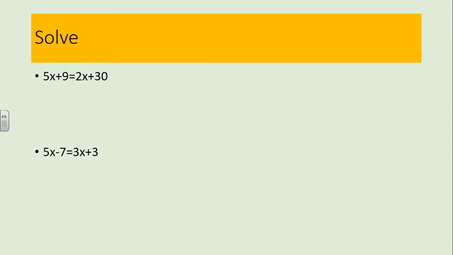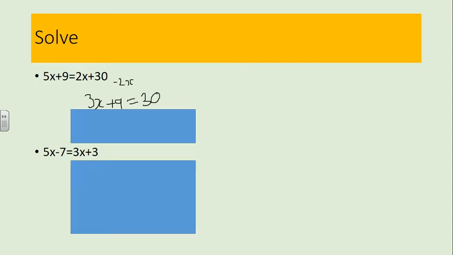So the first example. So it's got x's on both sides, so you must get rid of the smallest x. If you remember last lesson, that's what we were doing, okay? So the smallest x here is the 2x. So let's get rid of that 2x. So in order to get rid of that 2x, I subtract 2x from both sides of the equation.